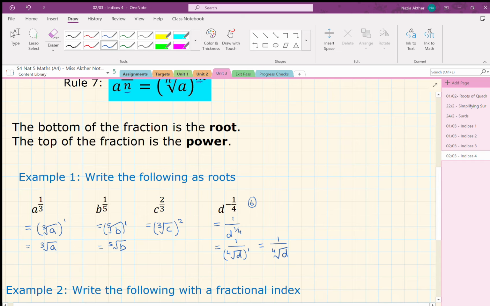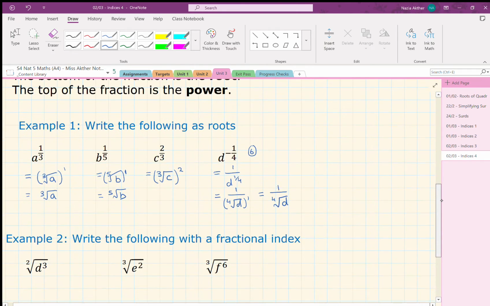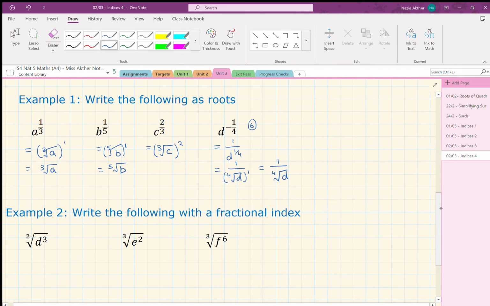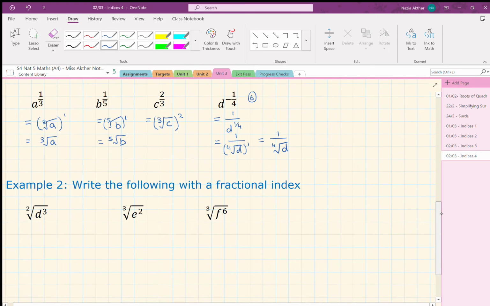Okay, example 2, we are going to look at doing the opposite. So we've got roots, and we need to change them into fractional indices. Okay, so in the first one, I have got my root to be 2 and the power 3.